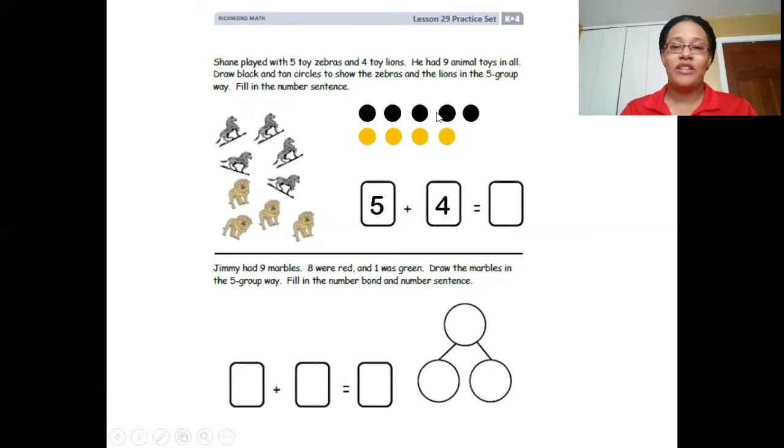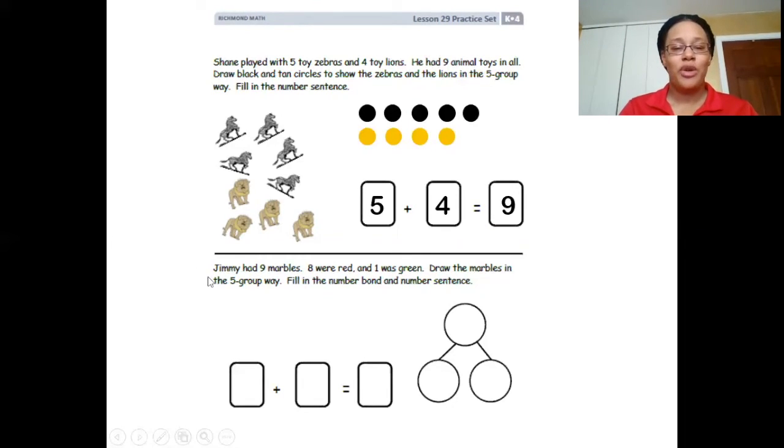And so 5, 6, 7, 8, and 9 should be our whole. That's the number we're working with today, right? 9. So we always have to double check to make sure our picture and our number sentence matches with our parts. Now this one didn't have a number bond, but you're welcome to draw one if it helps you to stay organized.